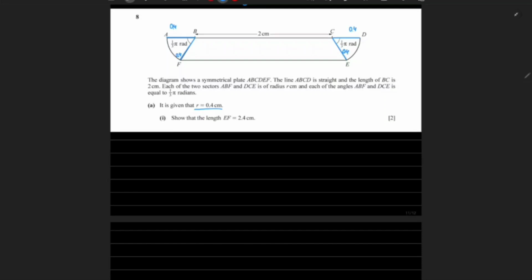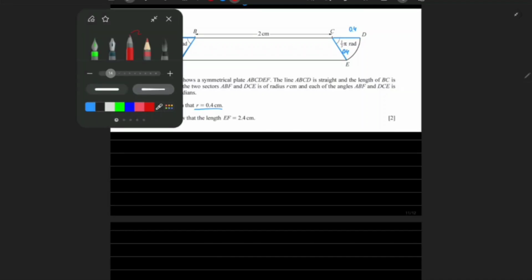I'm writing here. Now there is one more thing that is given to us. If we have this line BC to be 2 centimeters, then the line just below it will also be 2 centimeters.